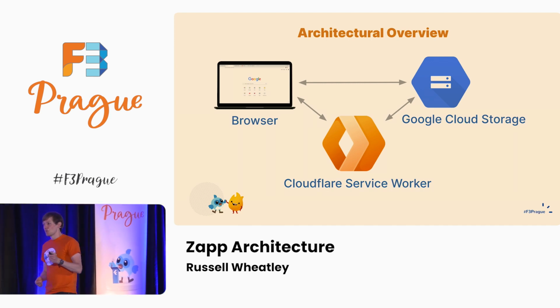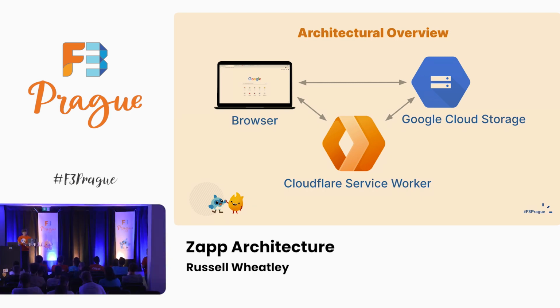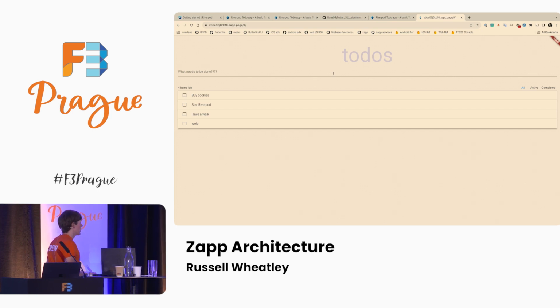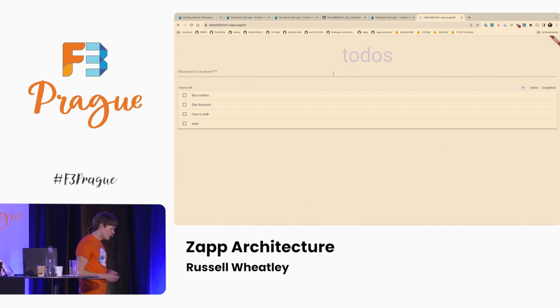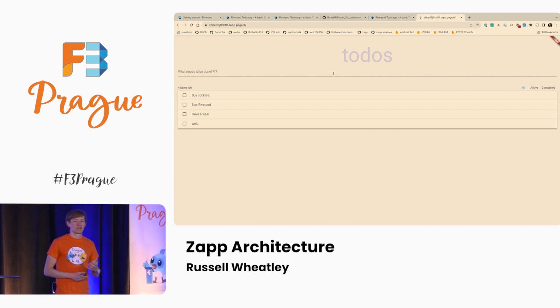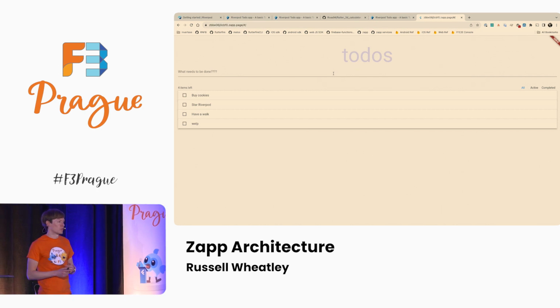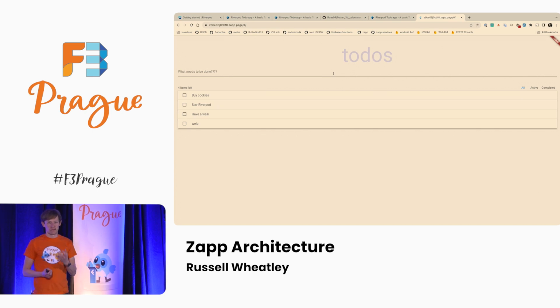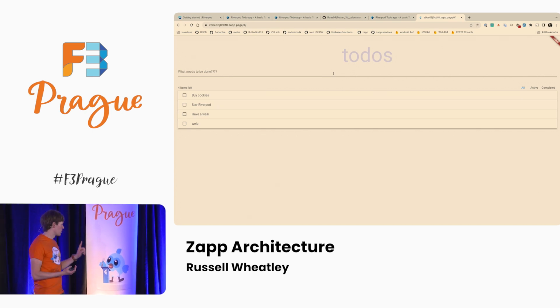And so when a request is made for your app, when we make this request to this URL, that will go to the Cloudflare service worker, and then that will make the request to Google Cloud Storage, and then it will literally mount the build folder onto a static HTTP server, and then it'll just serve the contents.